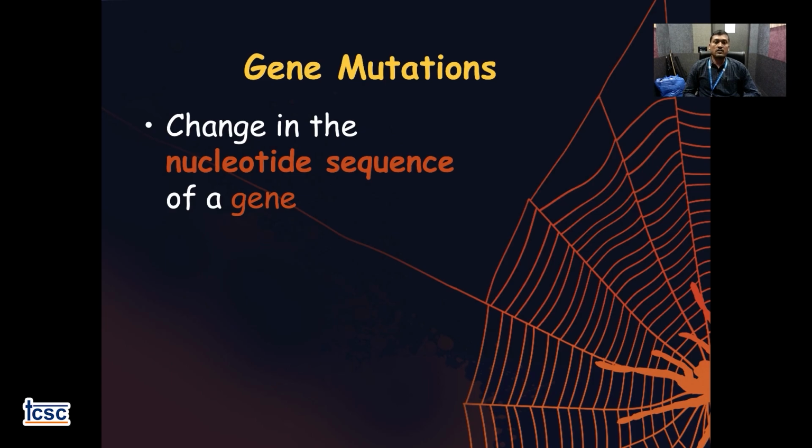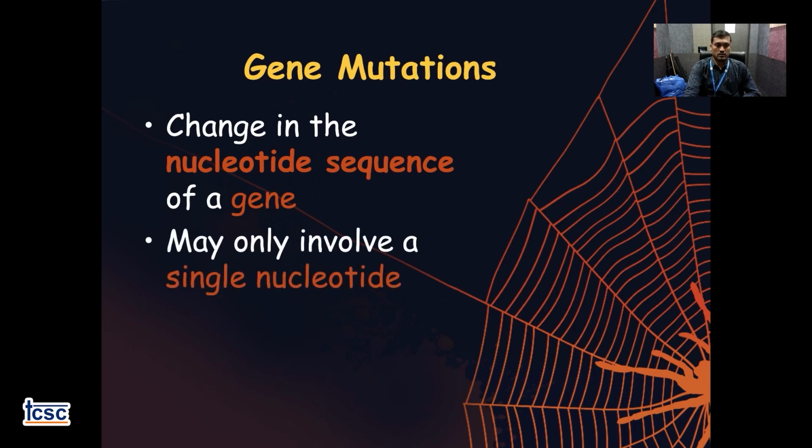Right? So a change in the nucleotide sequence of a gene. I hope you are all aware of the nucleotide, right? So nucleotides are nitrogenous base plus sugar plus phosphate. Combined, they are called nucleotides. Right?